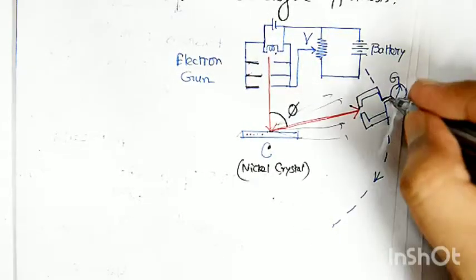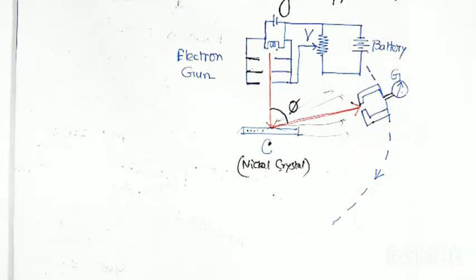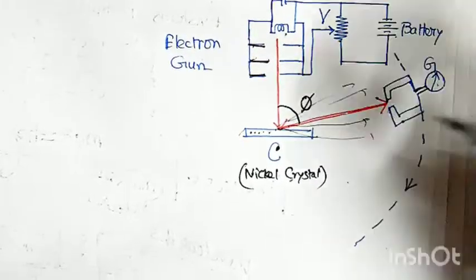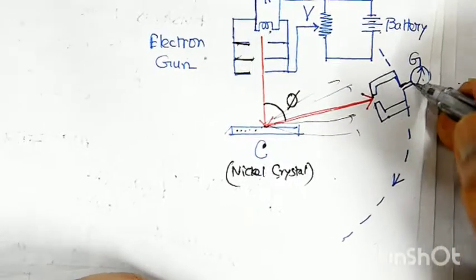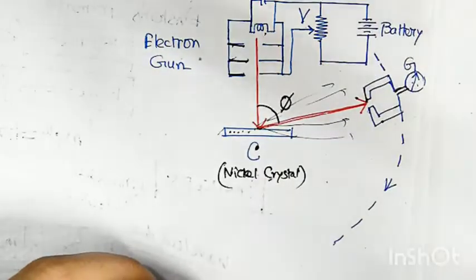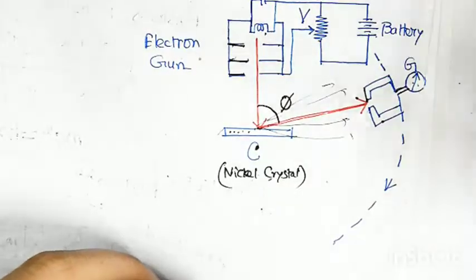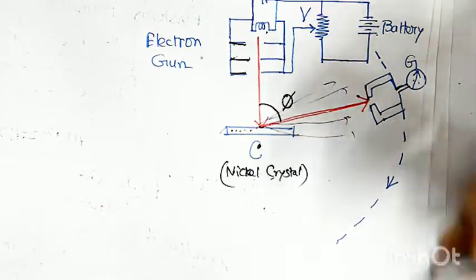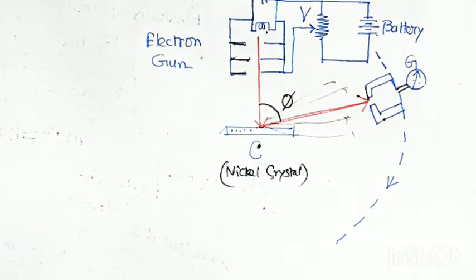The galvanometer, a device which can show a very small amount of current flow, shows the amount of electrons coming out. If the device is collecting electrons, then charges pass through it and the galvanometer gives readings, and the value of the readings shows from which direction we are getting the most electrons.